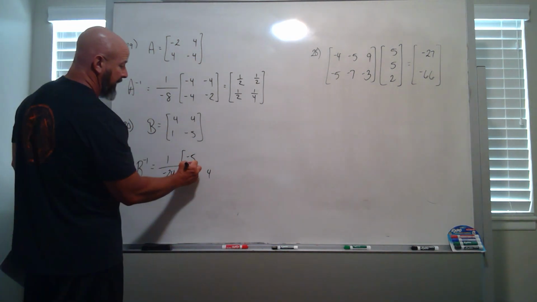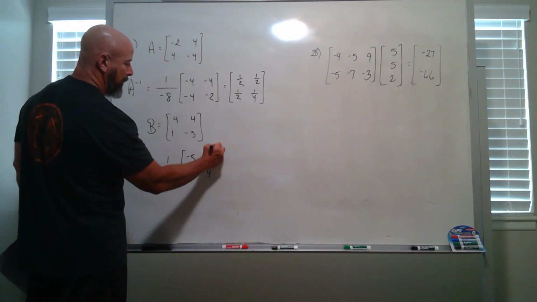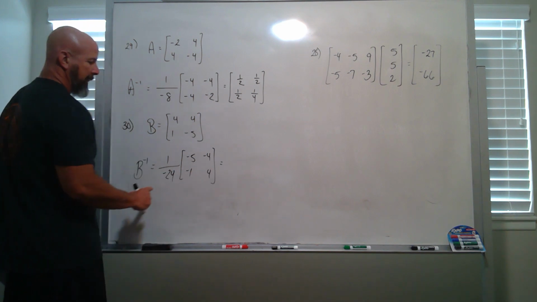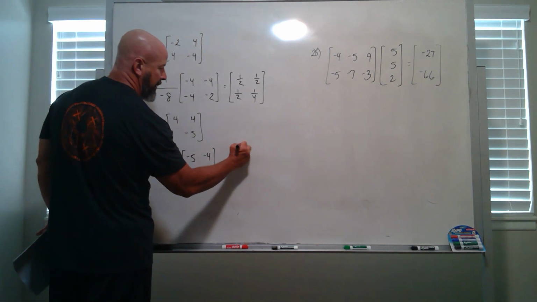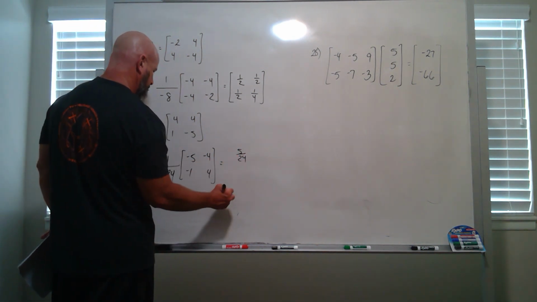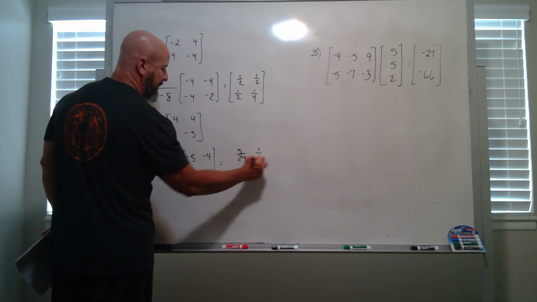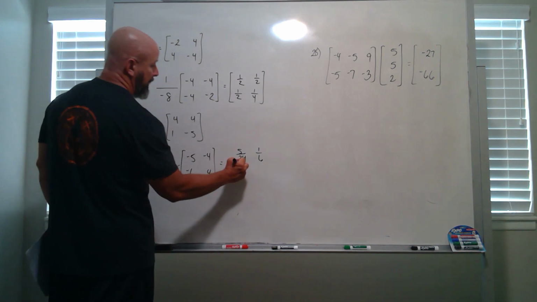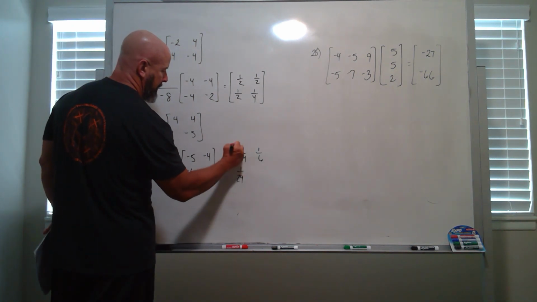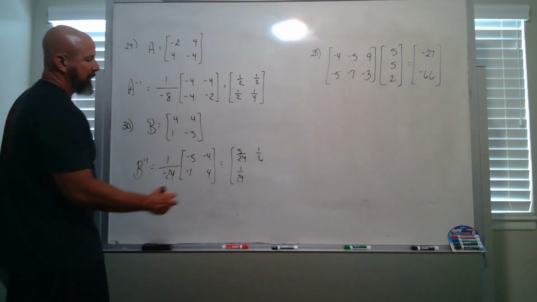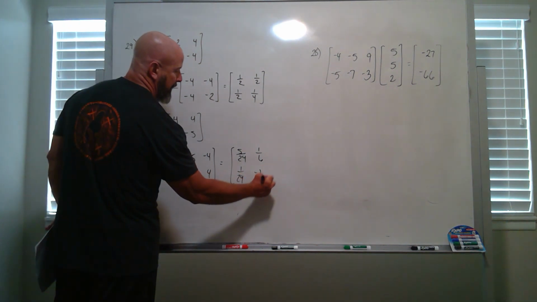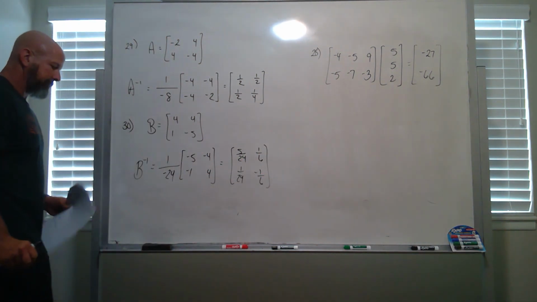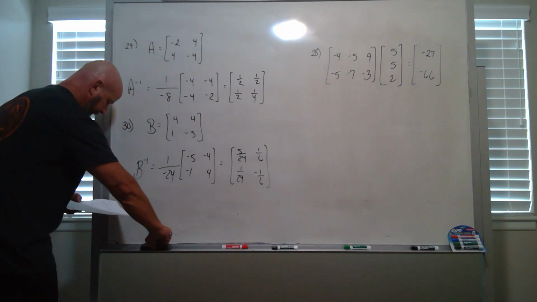And these two switch signs. So negative 1, negative 4. So then that's going to give me a positive 5/24 when I distribute. Positive 1/6 because I have 4/24, which reduces. Positive 1/24. And negative 1/6 on that. All right.